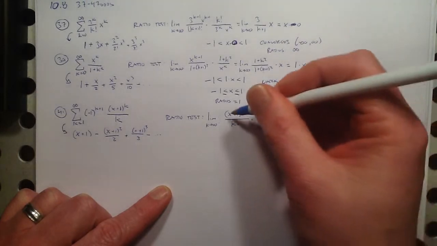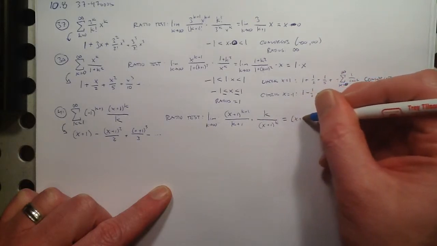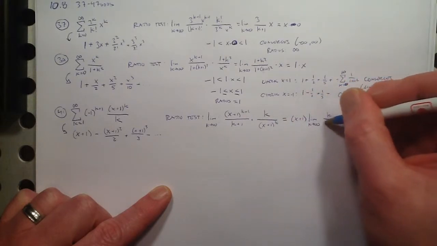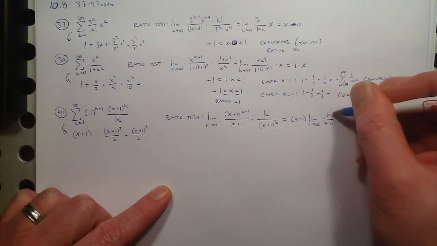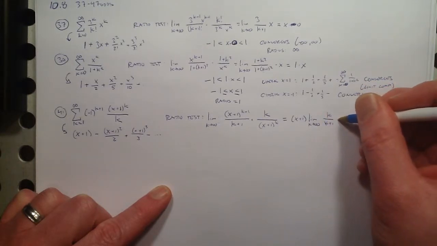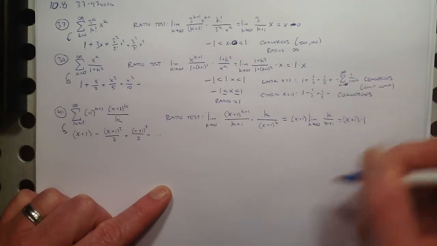And I'm going to remember this time I have one extra x plus 1. I'll put that on the outside here. And I have k over k plus 1. Highest power top and bottom is 1. Ratio of the coefficients is 1. So that's equal to x plus 1 times 1.